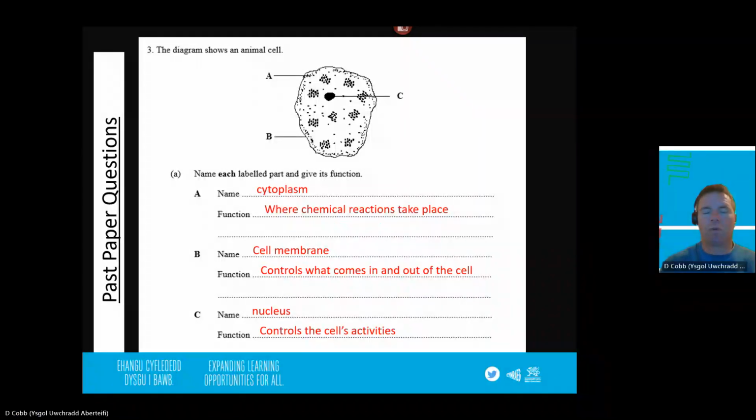Whenever you're answering questions, I call it going fishing for marks. You never know what's going to be on the mark scheme, so you give as much information as you can to give yourself the chance of getting the marks.